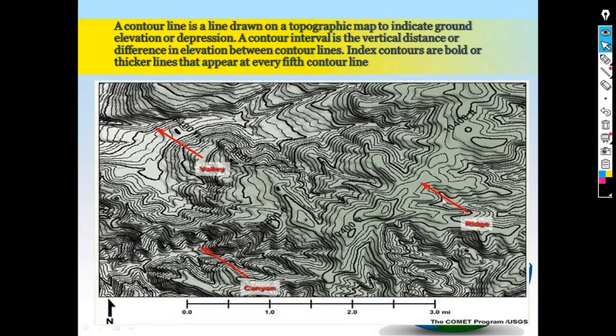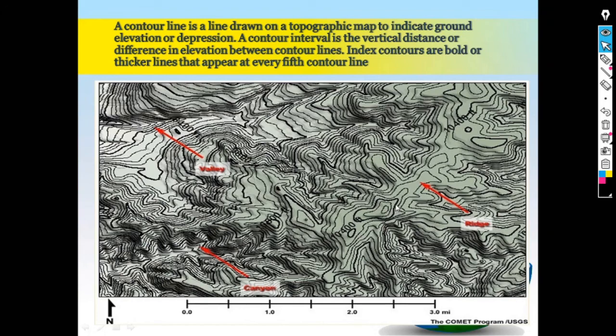As we have gone through earlier, a contour line is nothing but a line going through points of equal elevation. So if this is a contour line, the elevation along this contour line will be the same. If this is another contour line, the elevation along it will be the same.